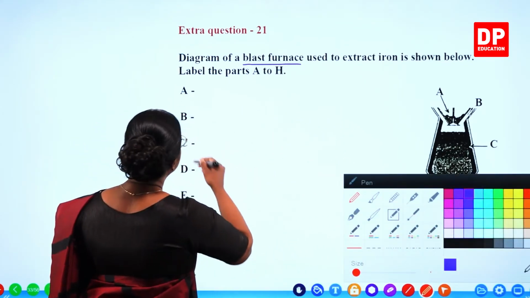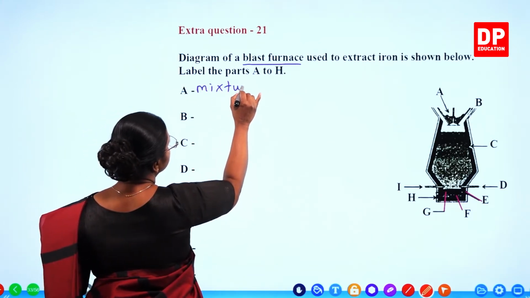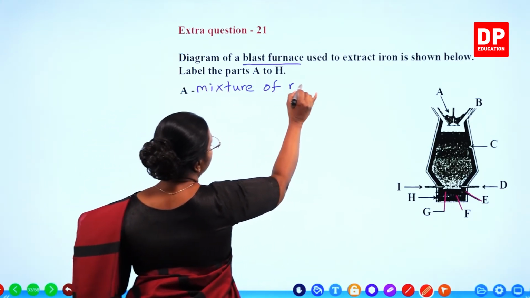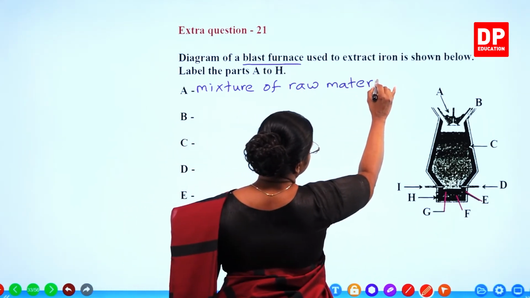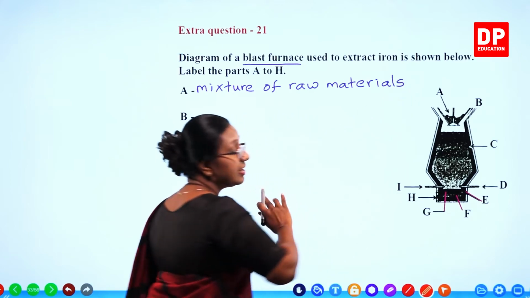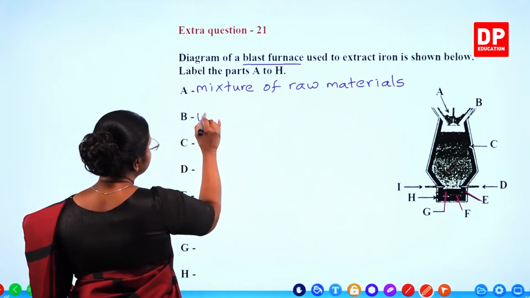So A is the mixture of raw materials. You can even write the raw materials if you want. And then B, waste gases.